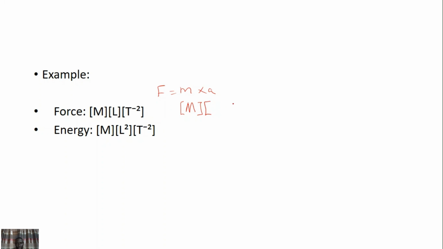Acceleration is actually velocity over time. And we know velocity is what? Distance over time, all right? Distance over time, okay? And distance is represented by L over T over T. This is equals to what? L over T squared. And this is equals to what?